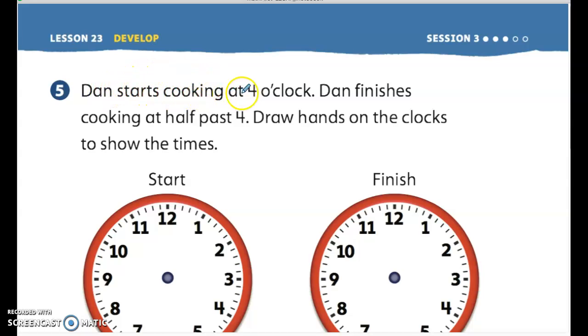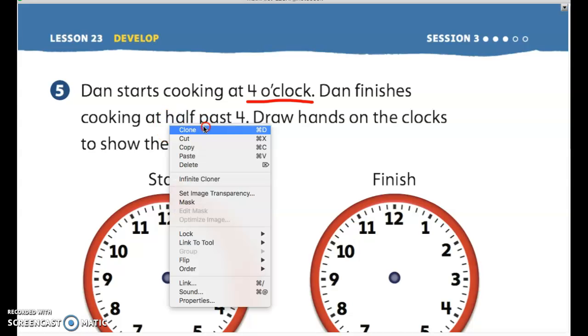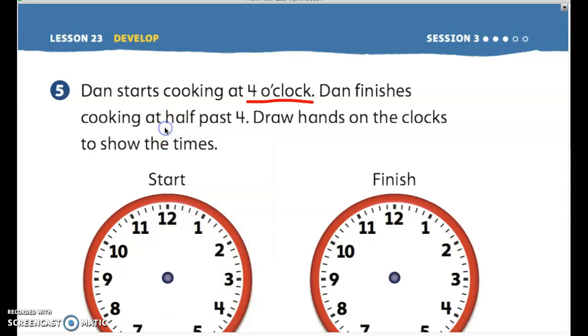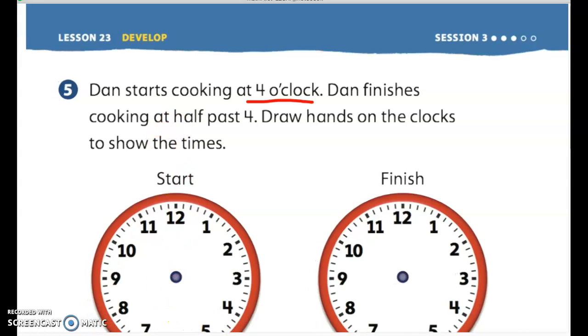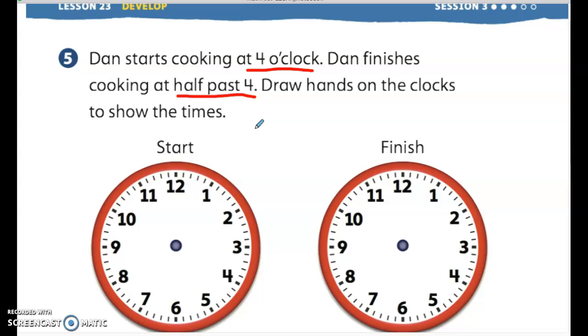Dan starts cooking at 4 o'clock. Dan finishes cooking at 4:30. Draw hands on the clock to show the times.